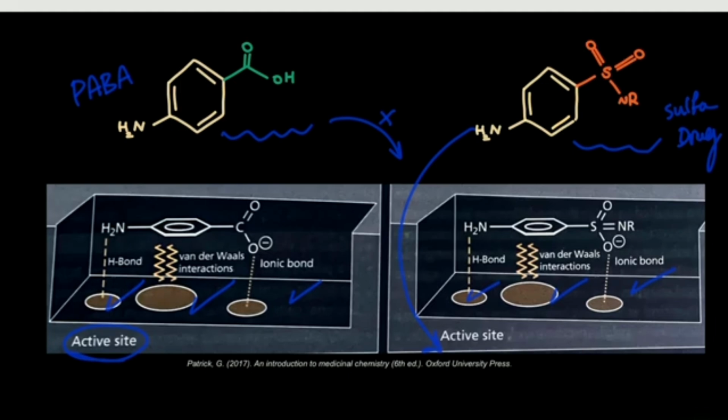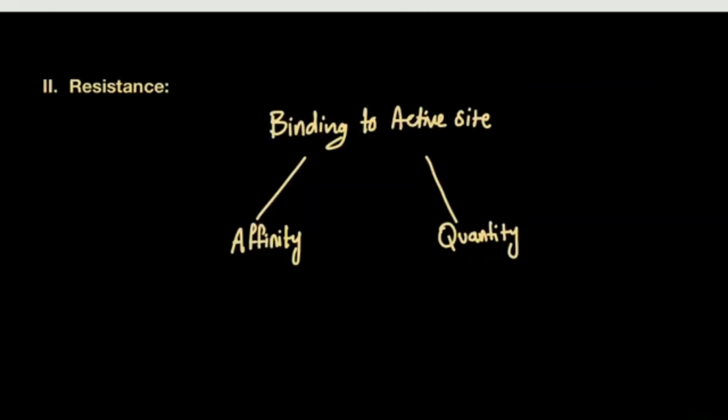One might ask, what if the sulfonamide quantity was not enough to compete and prevent PABA binding? This, in fact, is how resistance is acquired in some organisms against sulfonamides. As you might already know, in competitive inhibition, binding to the enzyme depends on both the quantity and the affinity. Affinity refers to the ability of binding to the enzyme. The higher the affinity, the higher the chance of binding. And the more of the substance available, the more the binding as well.